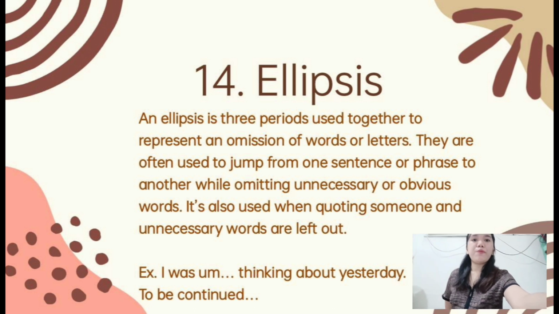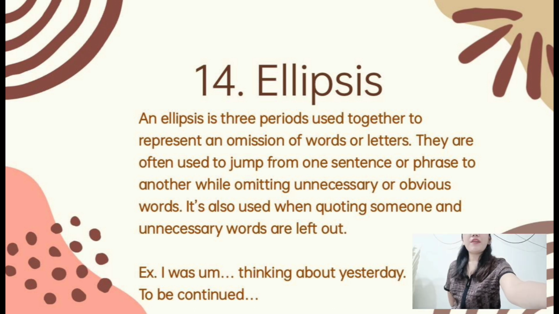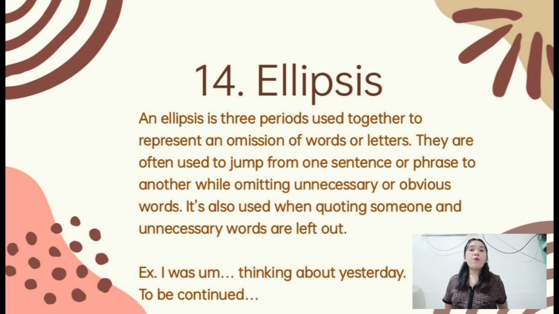Let's say, for example, I was thinking about... yesterday. So that is the use of ellipsis, omitting unnecessary words or phrases. Or let's say, for example, I am reporting about this. There are times that I forgot something, or I forgot the words, or unnecessary words are left out.